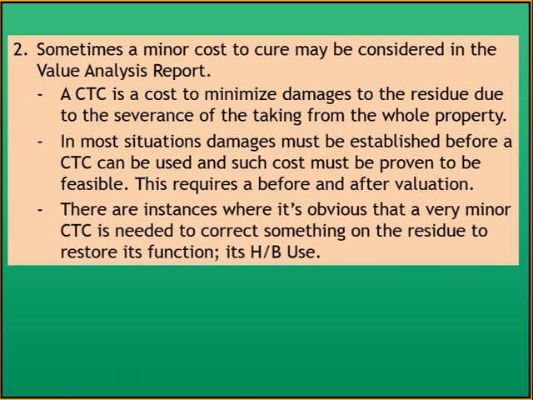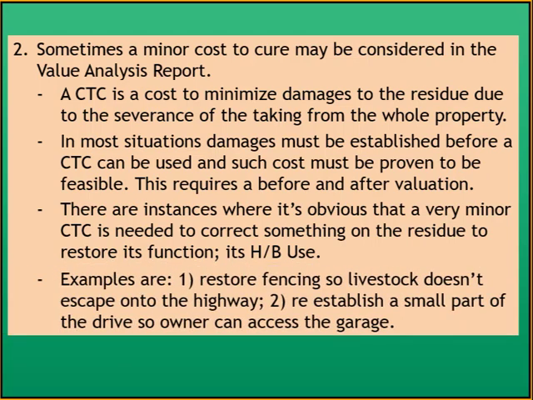There are instances where it's obvious that a very minor cost to cure is needed to correct something on the residue to restore its function or its highest and best use. Examples are restore fencing so livestock doesn't escape into the highway, or reestablish a small part of the drive so the owner can access the garage.